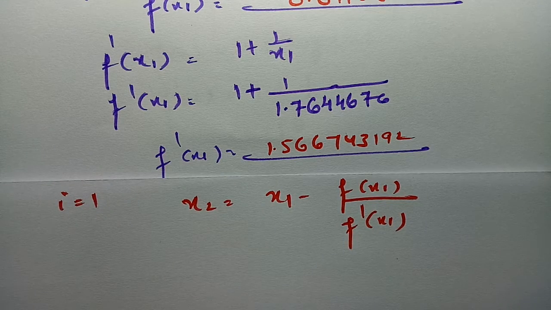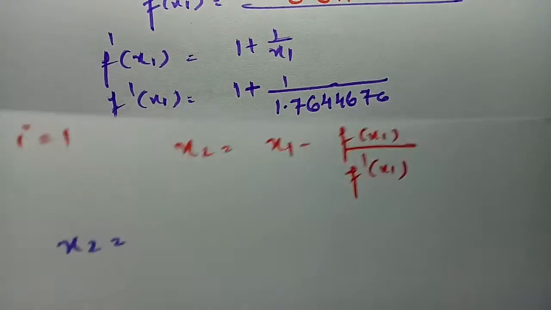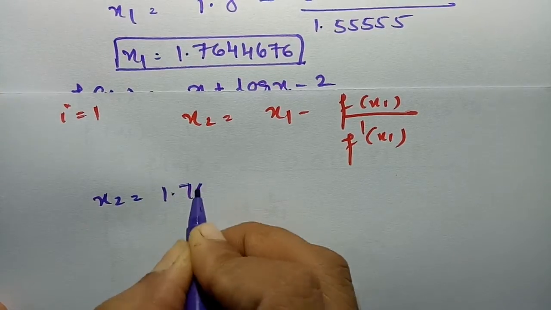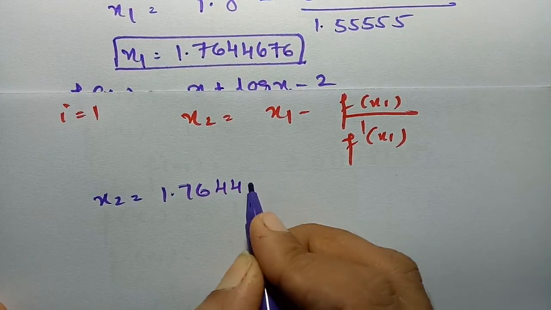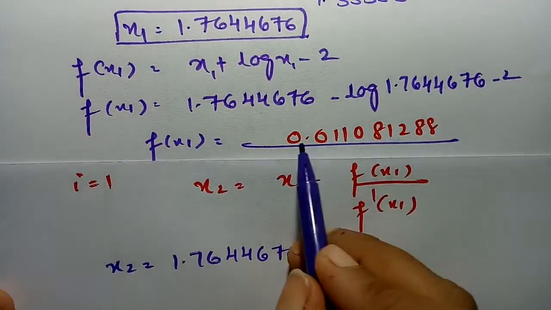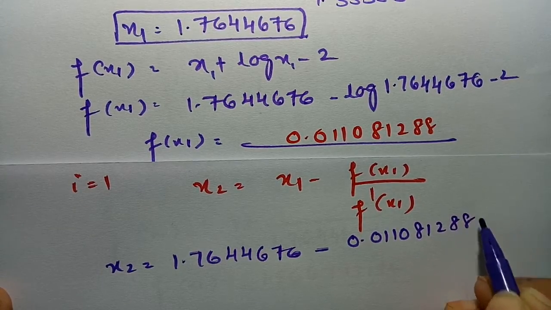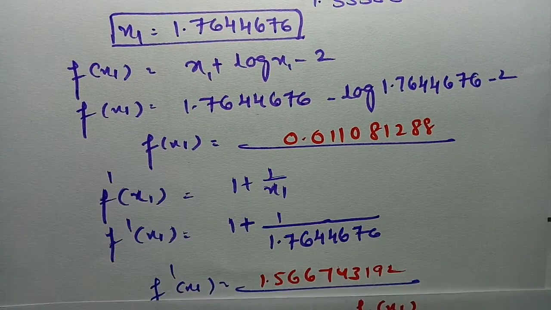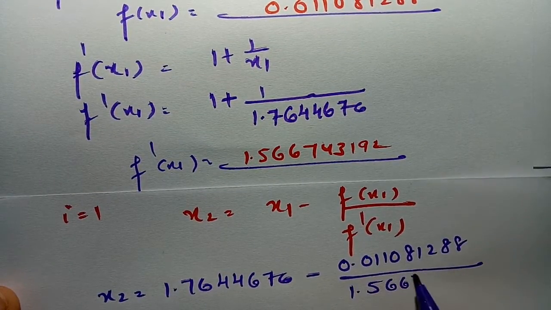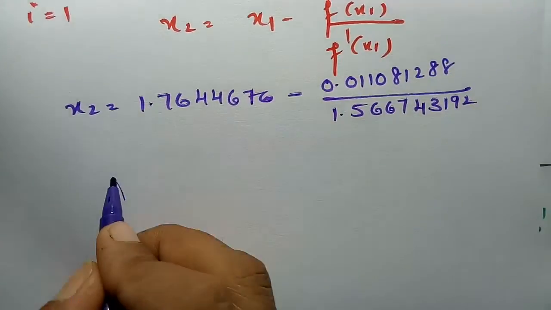Now if I substitute all the values here, x2 will be x1, that is 1.76444676, minus f of x1, that is 0.01101288, divided by f dash of x1, that is 1.566743192.